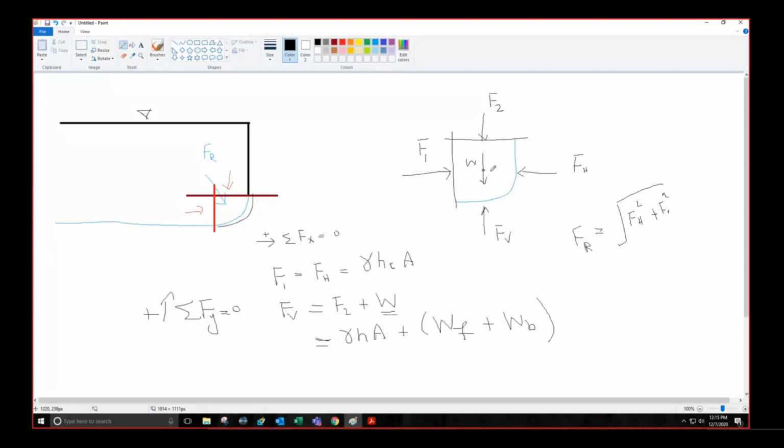FR would be directed like this, with theta equal to tan inverse Fy over Fx. Yes, and that theta would be equal to tan inverse of FV by FH. Okay?